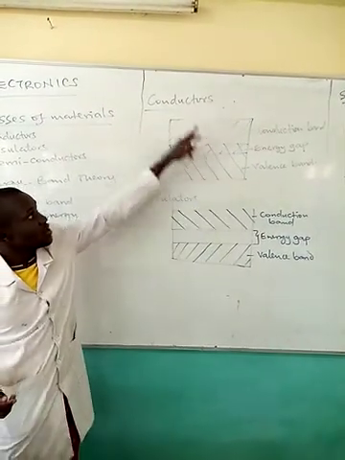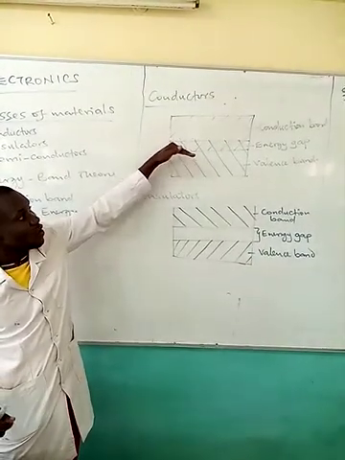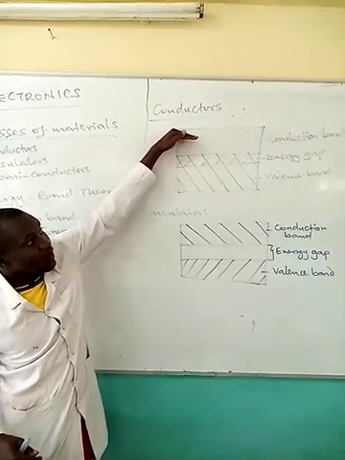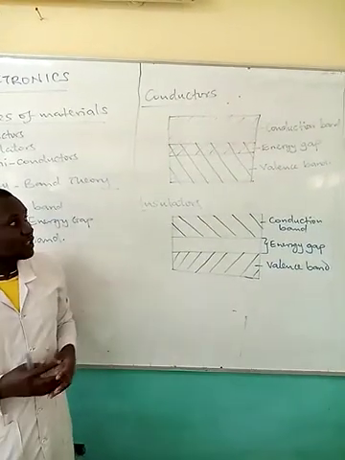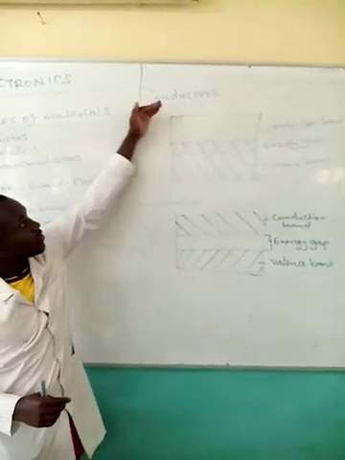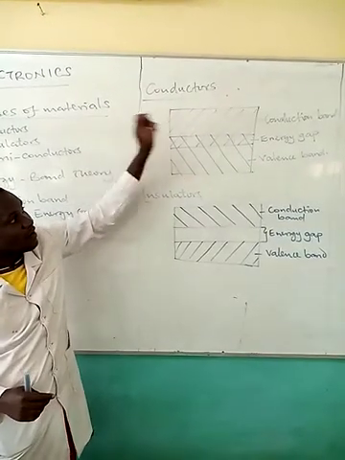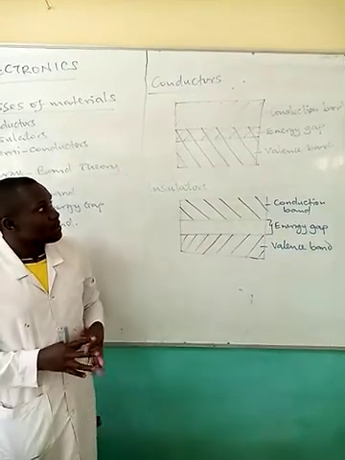From my drawing, you can see that overlapping, meaning electrons can easily flow from the valence band to the conduction band, and that flow results in the flow of electrical current.